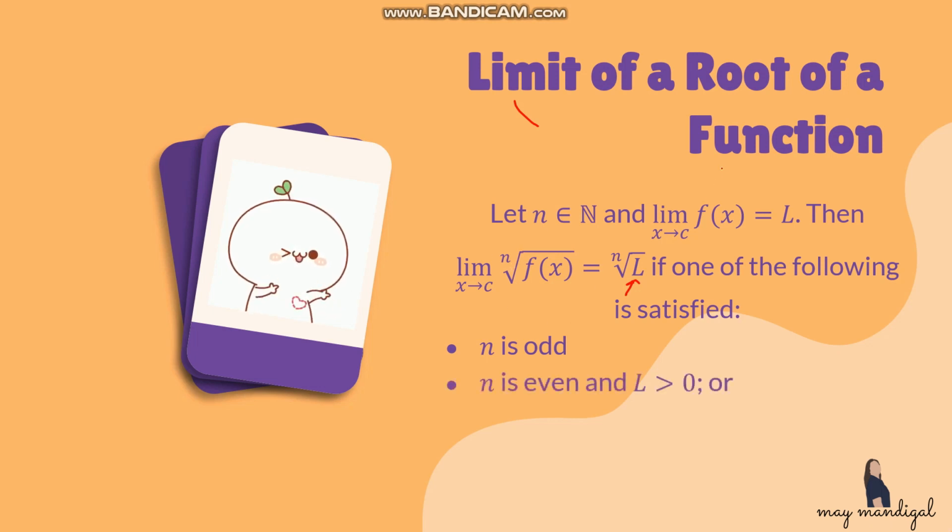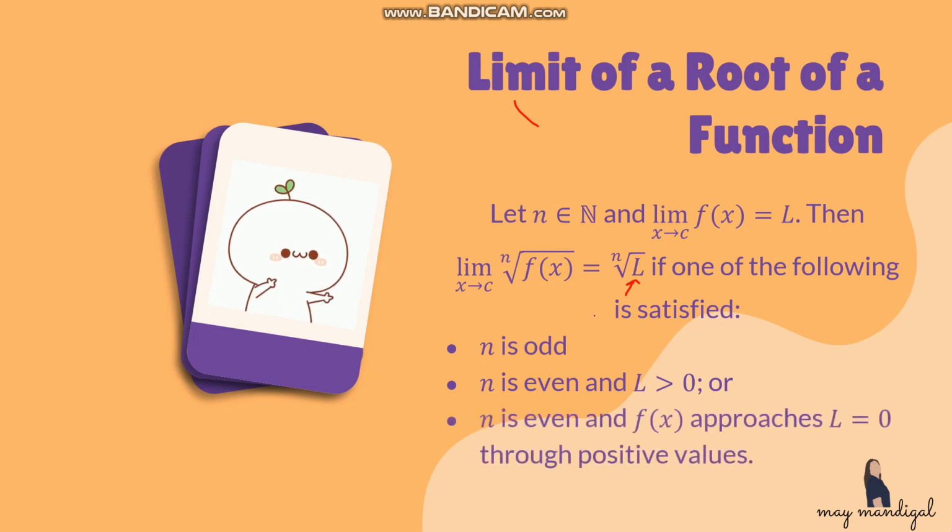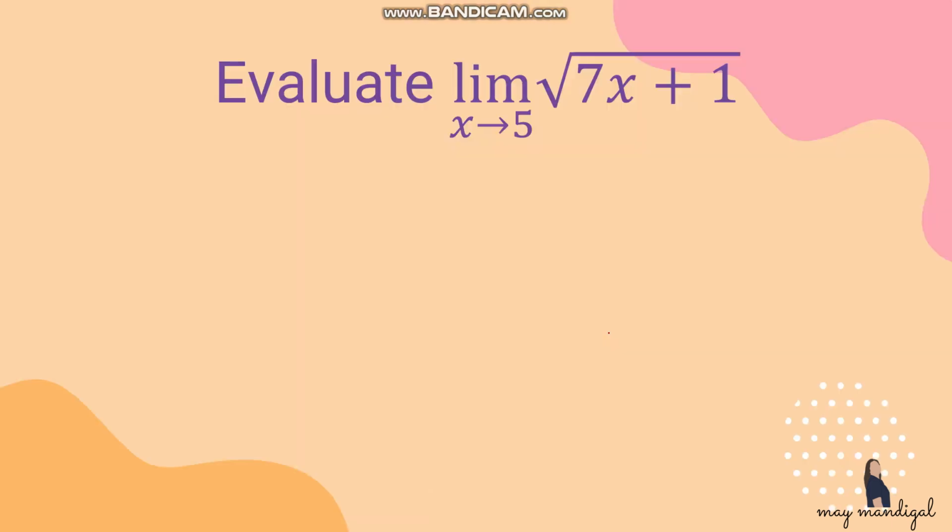However, if the index is even, or our n here is even, L should be greater than 0. Because of course, if L is negative and the index is even, then we cannot get the nth root of that. Or, n is even and f of x approaches L equals 0 through positive values. So if L is also 0, then we can still get the nth root of that. So these are just the things that we have to consider.